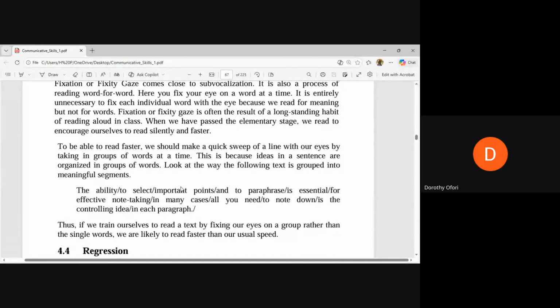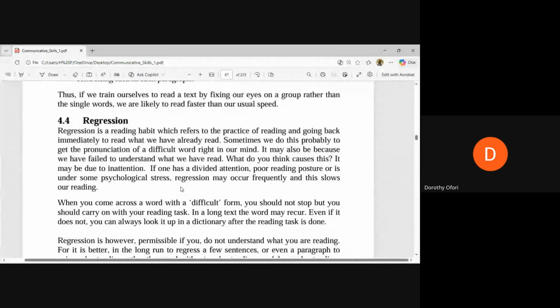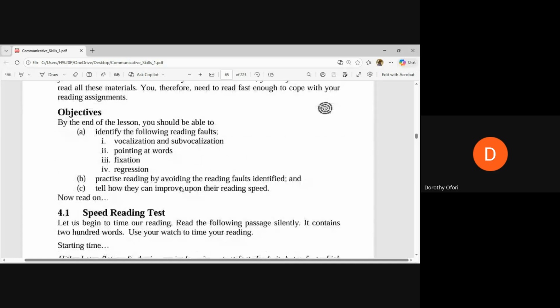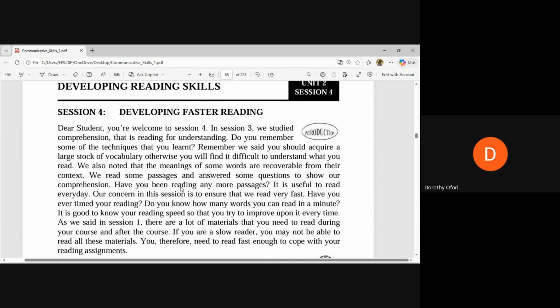Let's go to the fourth reading fault, which we call regression. For regression, you go back to something you have read. Let me give you an example. I am still going to read the introduction.